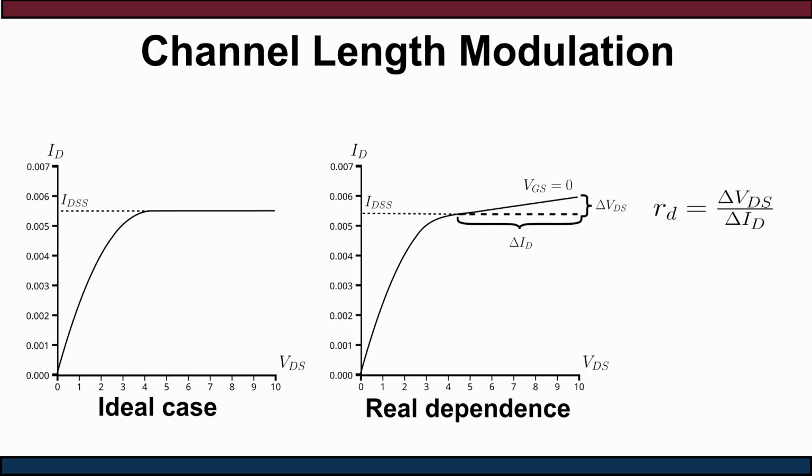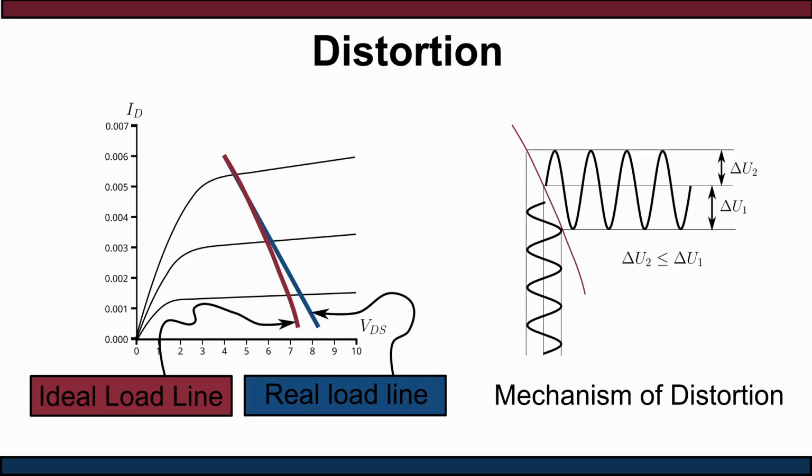In the ideal case, we must have infinite differential resistance in saturation, but we have a finite value which is denoted as Rd. The interesting part is that the resistance depends on VGS, and for another curve with voltage, for example, equal to half of the pinch-off voltage, the saturated region of the curve has less slope than for zero VGS.